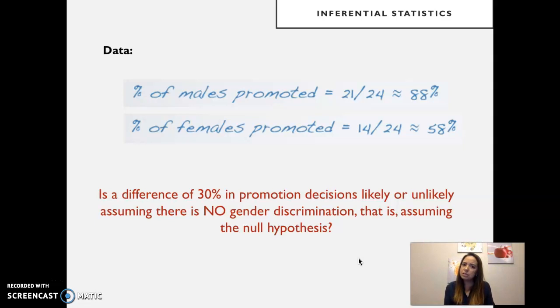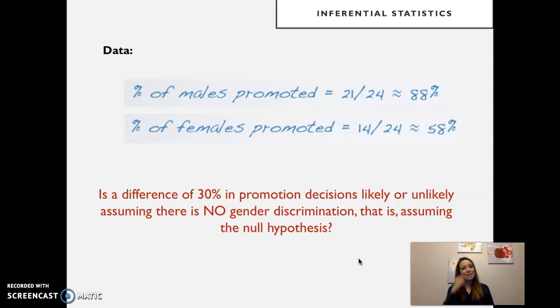But if we find out that the probability is kind of low to find that difference of 30% under conditions that are purely random, when there are random binary decisions, it's hard to see a difference of 30%.